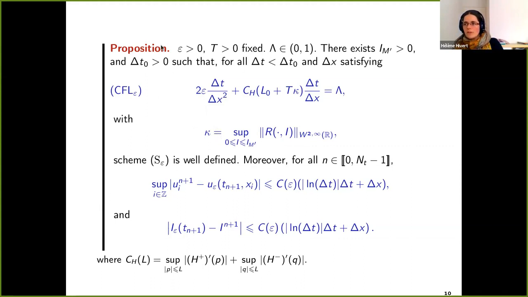The result is the following. You have a stability condition, so CFL condition. It is for those who are not familiar with numerical analysis. It is a stability condition. It is a relation between the time step and, let's say, a space step or x step, to make sure that the scheme is stable.